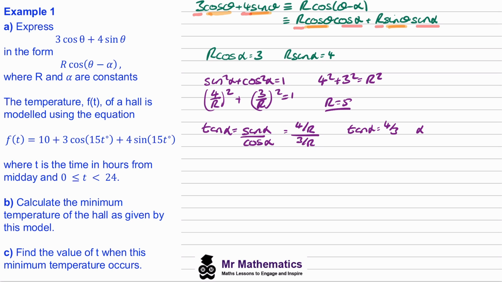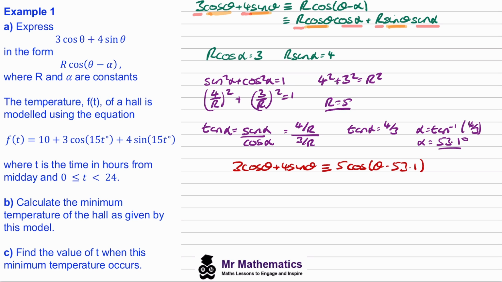We'll take the arctan on both sides, and alpha is 53.1 degrees to 1 decimal place. So 3 cos theta plus 4 sine theta is identical to 5 times the cos of theta minus 53.1.